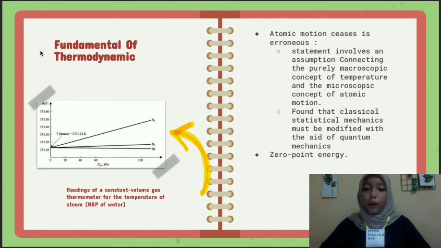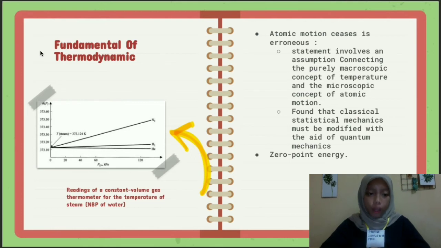Next, we have a graphic from the fundamentals of thermodynamics. In this figure 1.7, we see a reading of a constant volume gas thermometer for the temperature of steam at the boiling point of water.